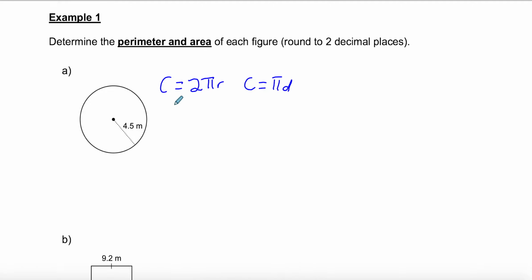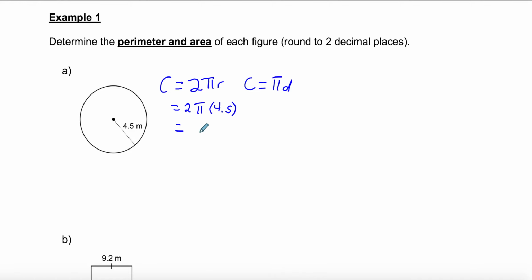If it's 2 pi r, we would do 2 times pi times the radius, and the radius is 4.5. I like that formula for this question because I'm given the radius. The diameter is all the way across, so the diameter would be 9.